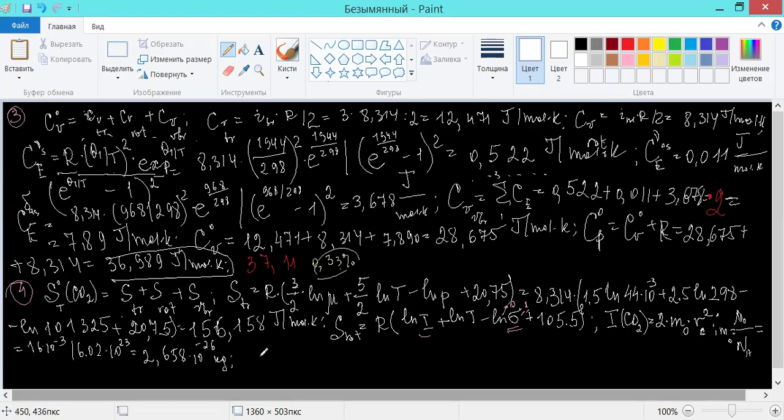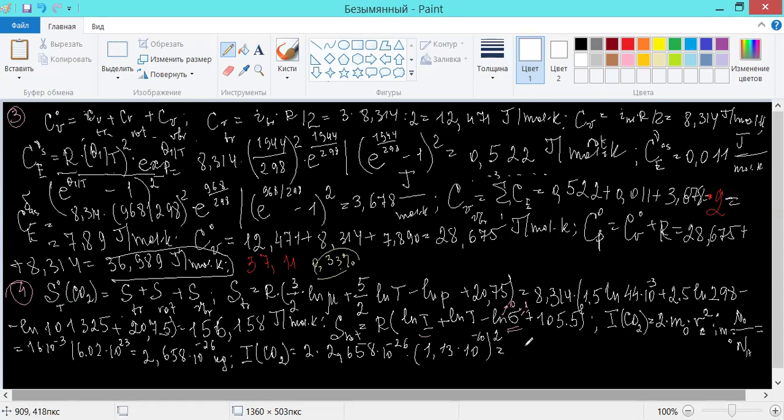Then the moment of inertia of the molecule is equal to 2 times 2.658 times 10 to the minus 26, times 1.13 times 10 to the minus 10, squared.